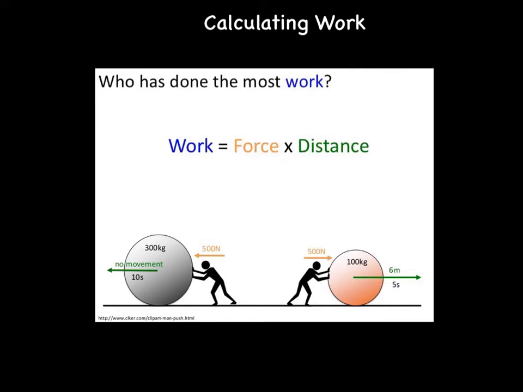So last class period we learned about what work was, and we have a few examples here of one where there's work being done and another where there's work not being done. So for example, let's take this first box here. We have a person who is pushing a ball, and he's pushing it with 500 newtons, and there was no movement.